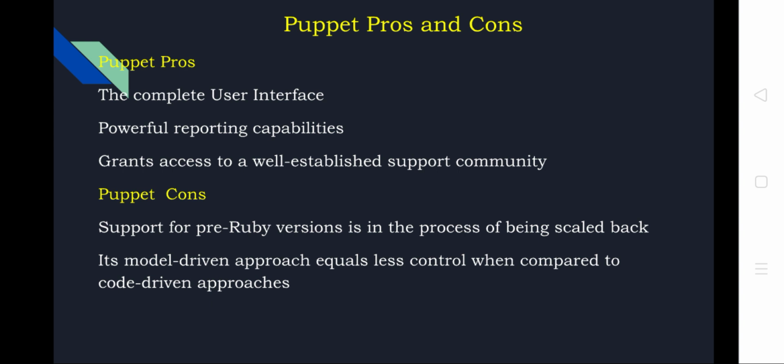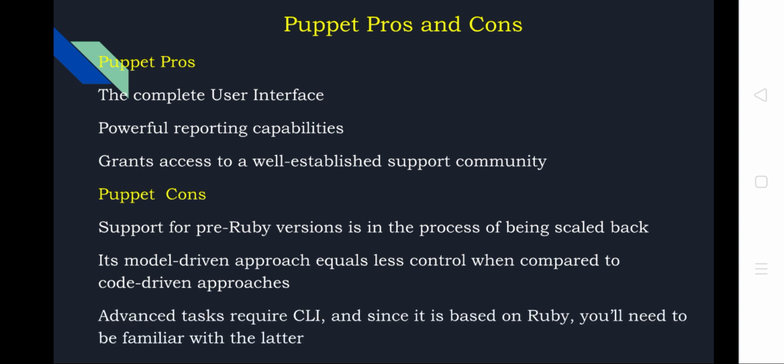From code we can derive the configuration, that is also possible, otherwise we can derive it from the model. Since it is a model-based approach, it equals less control when compared to the code-driven approach. That means code-driven approaches are far better than the model-driven approach, but Puppet has only the model-driven approach.